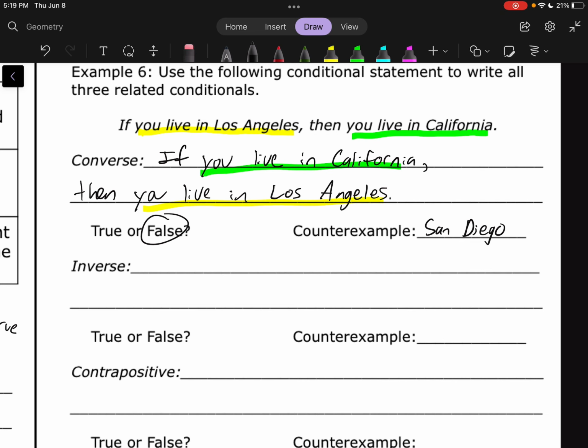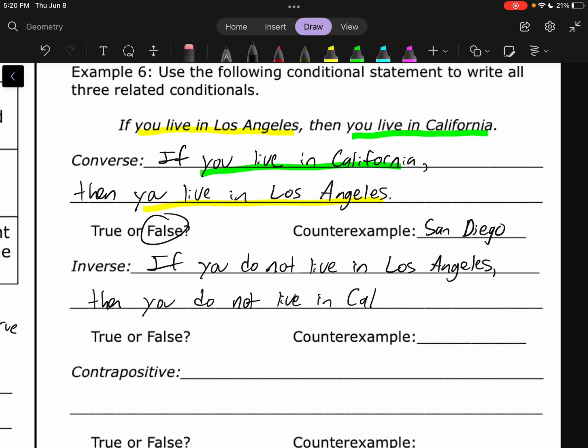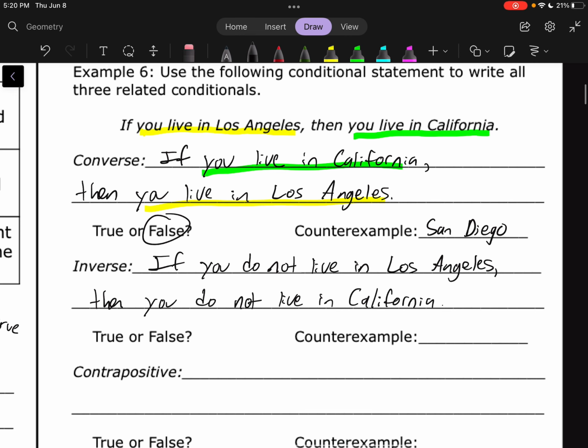For my inverse, if I'm negating this one, I would say if you do not live in Los Angeles, then you do not live in California. And is that true or false?